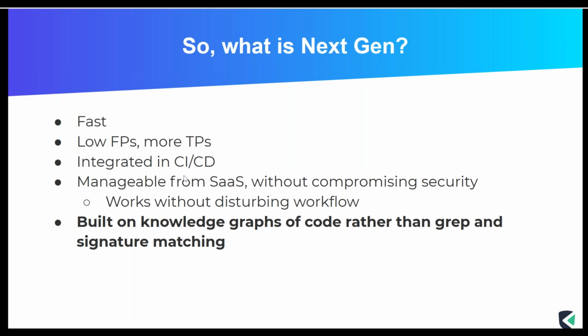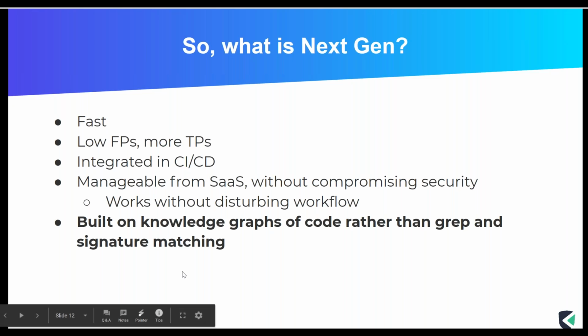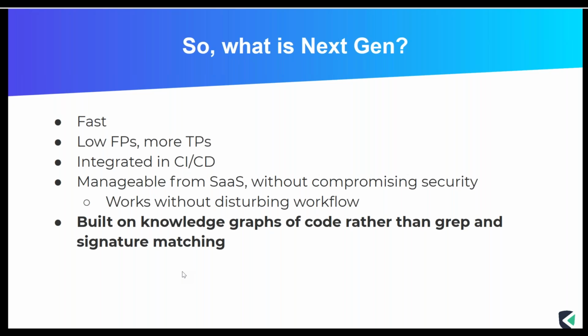You don't have to do that. So it needs to be manageable as well, because there's a lot of code being produced. And the most important point: it needs to be built on knowledge graphs of code rather than just grep and signature matching. And this goes to the point of low FPs. To reduce the false positives, you need something which is much more true. So you have complete knowledge and you want to identify.